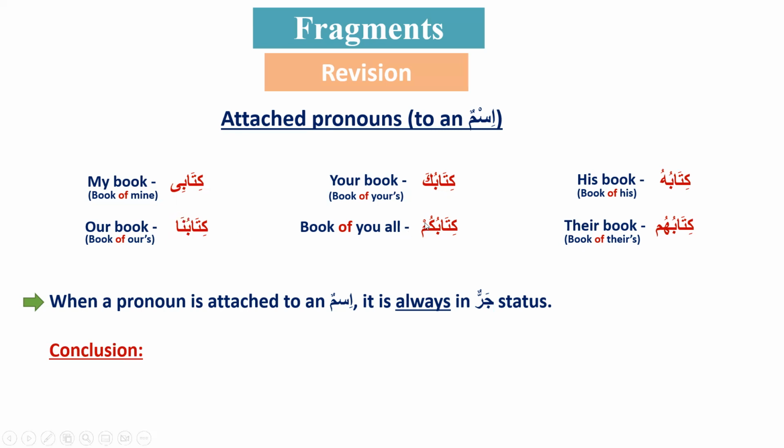Now, Brother Rauf, can you work with me for a few seconds? Yeah, sure. So I pick kitabuka here. We know this ka has jar status. What about kitabu? Is it light or not?